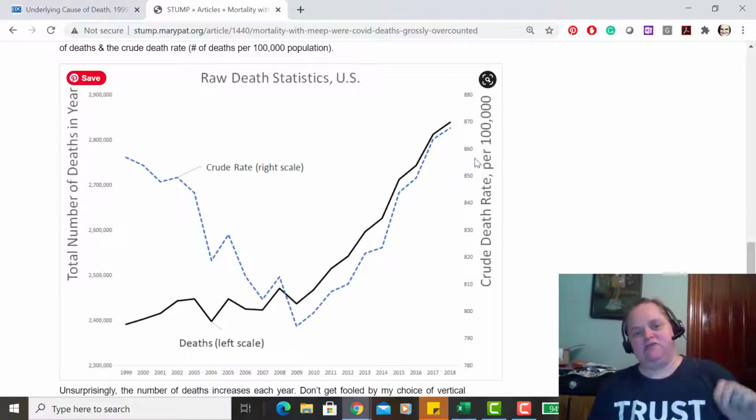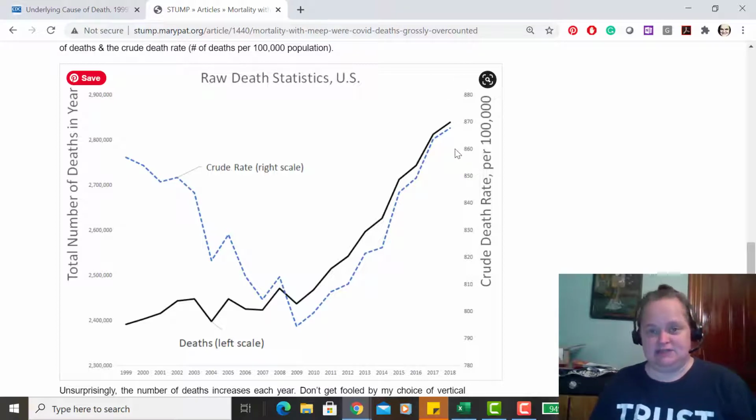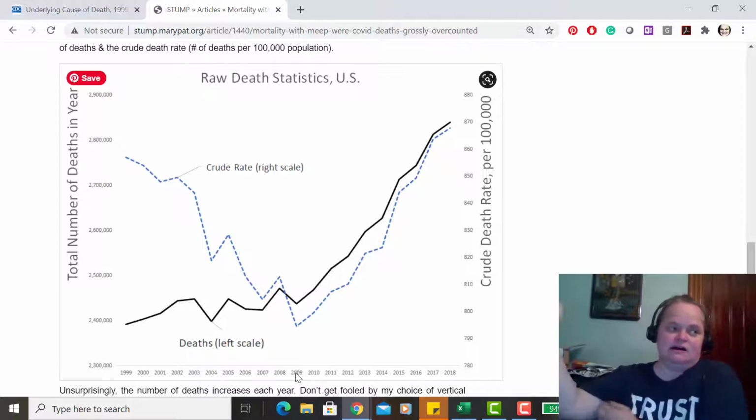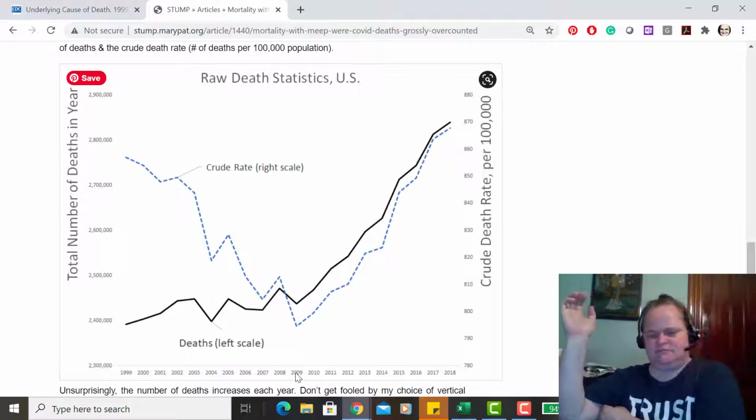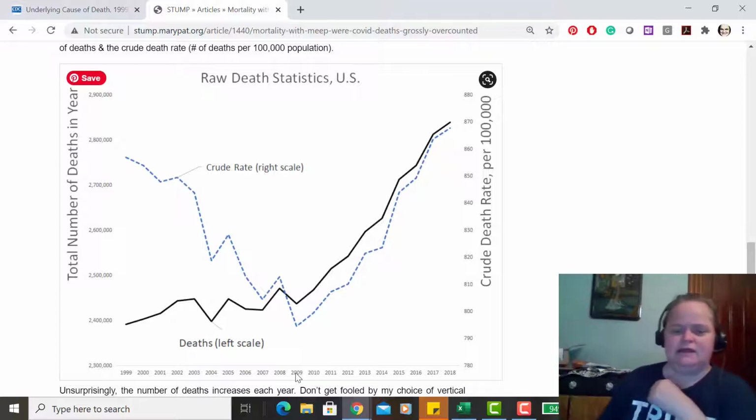This crude rate is driven by the changing age demographics of the population more than anything else. The population is aging, and this has to do with the boomers. The oldest baby boomers in 2009 would have been 63. Yeah, 63.